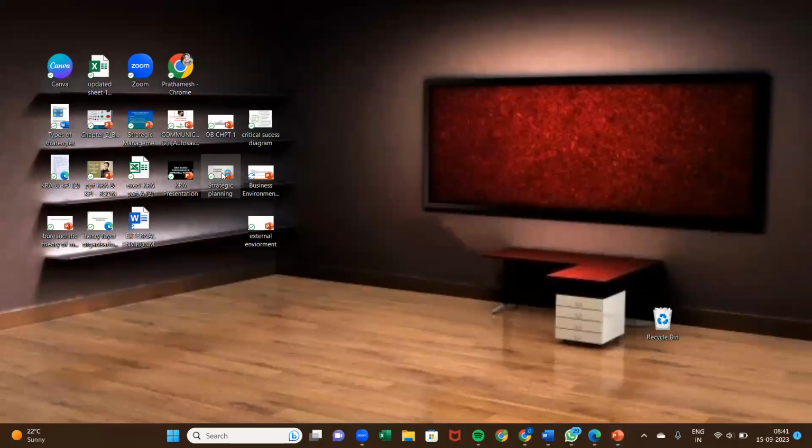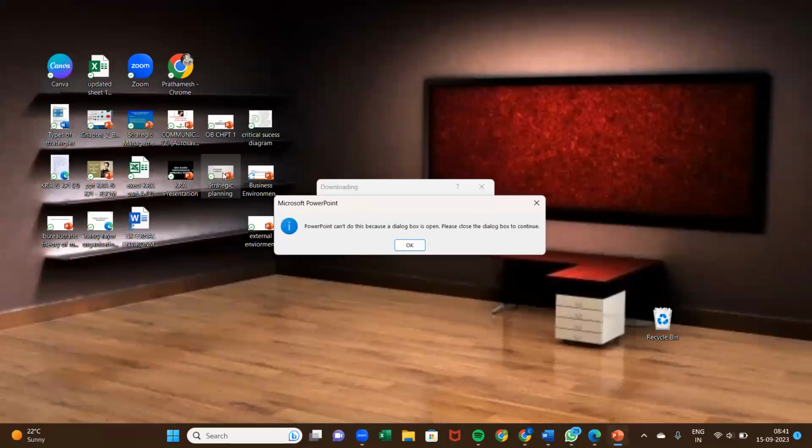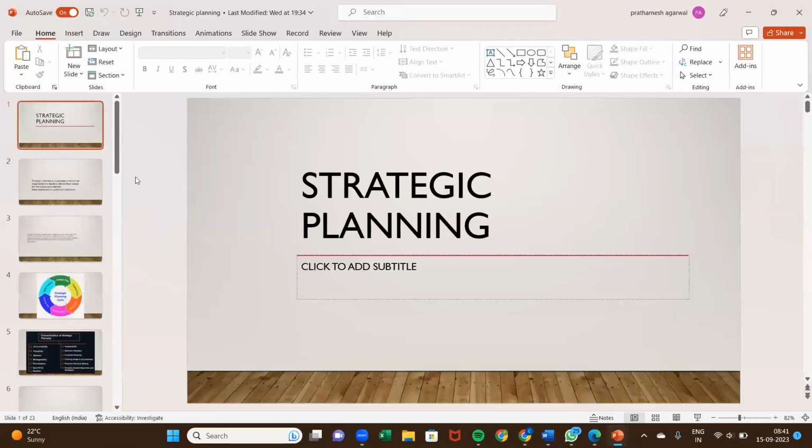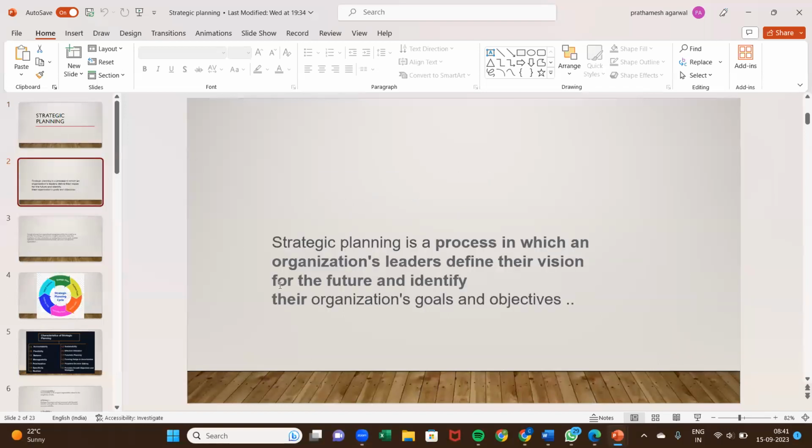Then in continuation to this, after the environment, we have something called strategic planning. Okay. Now, we have seen what is the business environment.